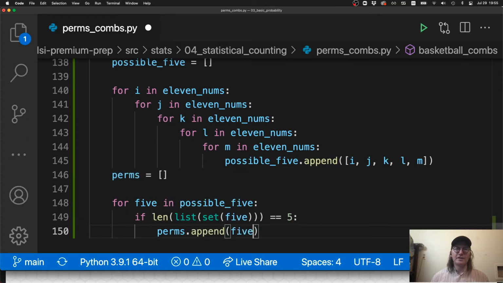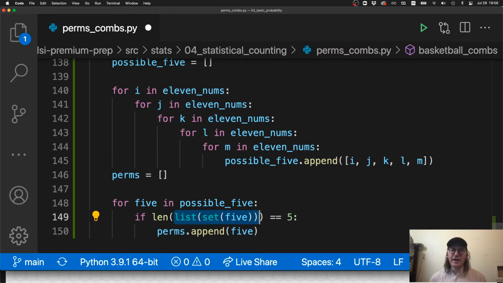We're going to append that 5. What am I doing here? Notice that this is 5 long, right? If there are duplicates in here, like if j is 2 and l is 2, if we cast that to a set, then suddenly that thing is going to only have 4 items, right? We're going to be throwing away an item because we can't have duplicates. I cast that back to a list.